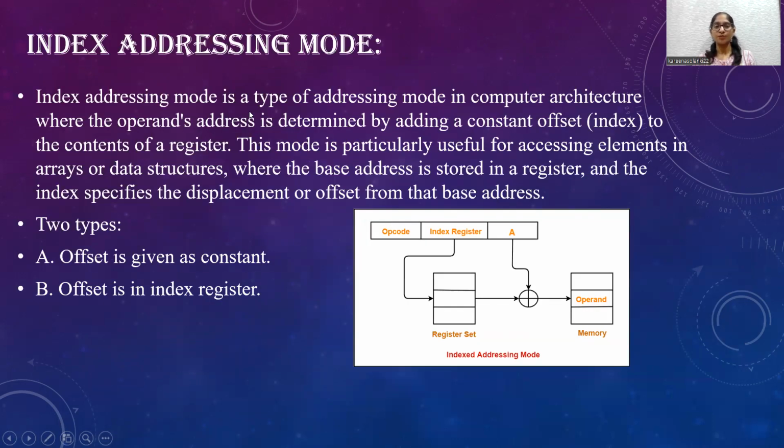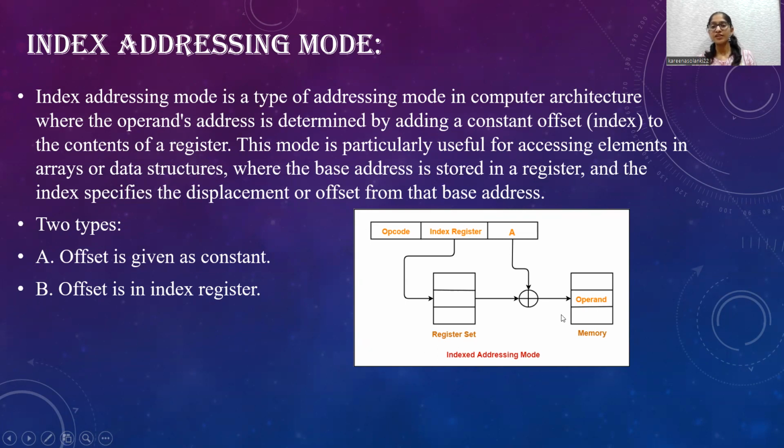In index addressing mode, the operand's address is determined by adding a constant offset, which is the index, to the contents of a register. This mode is particularly useful for accessing elements in arrays or data structures, where the base address is stored in the register and the index specifies the displacement or the offset from the base.